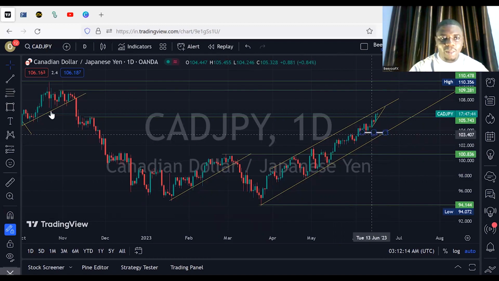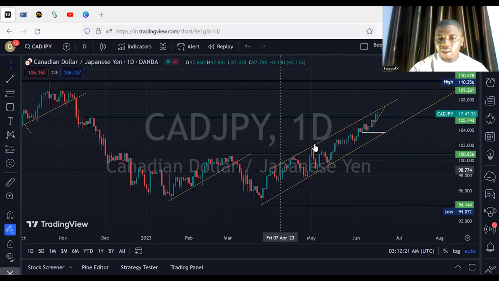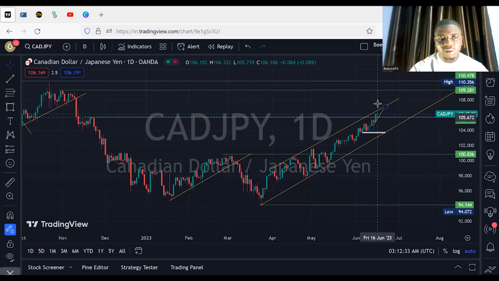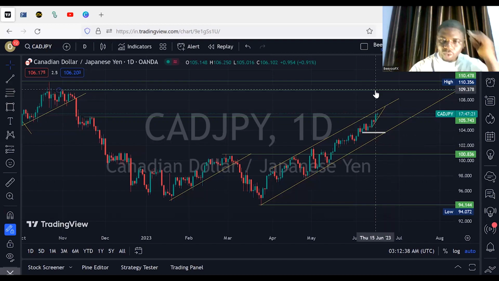The market has already broken this lower high, but it's still lining up perfectly with the trend line here. But if I don't see the market break out to the upside, then the market will be coming to the next resistance level here. And that's how the counter trend line works.